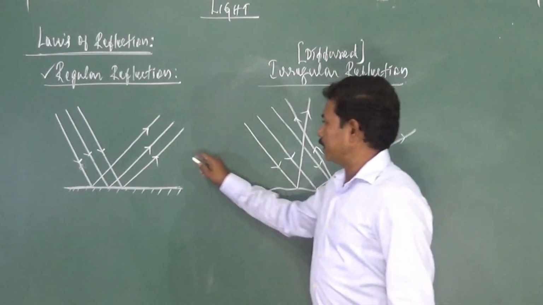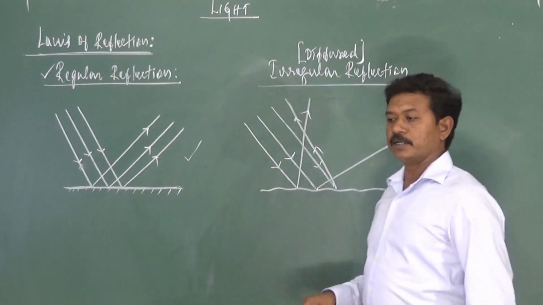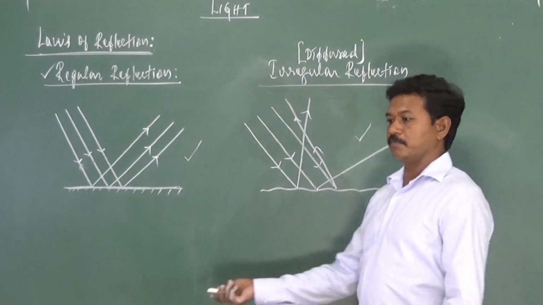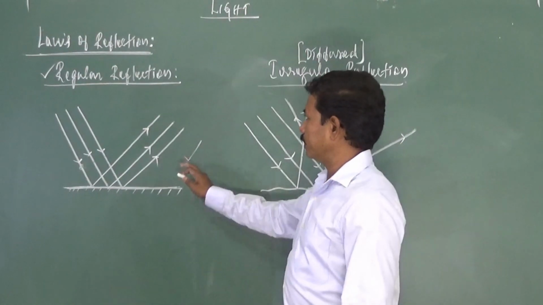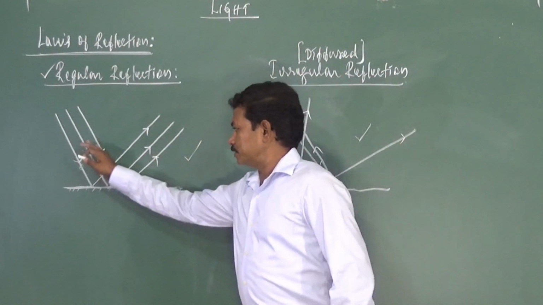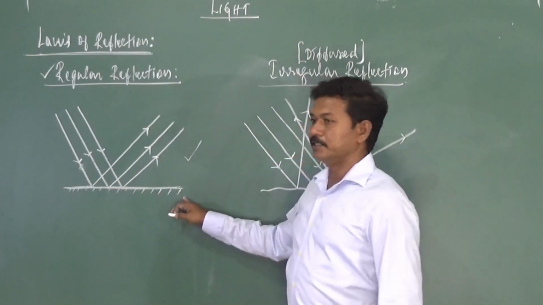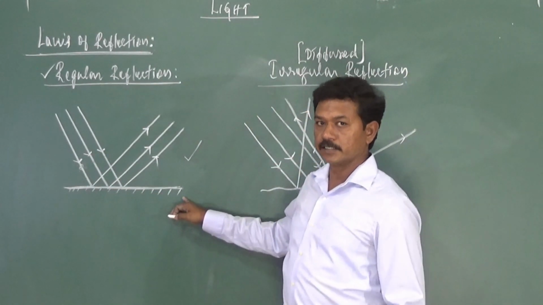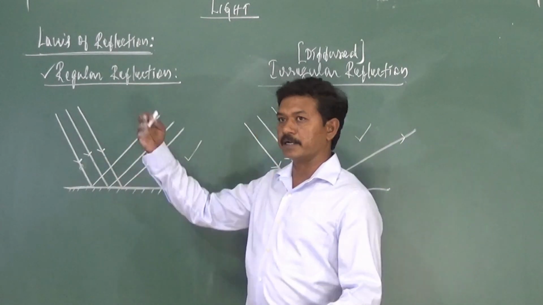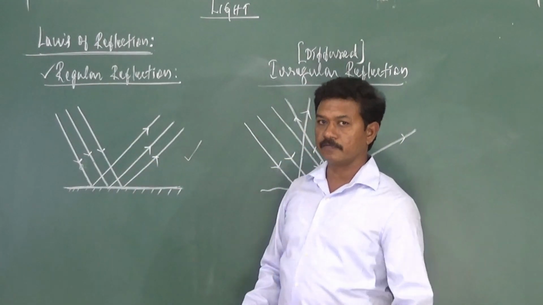We have some advantages for regular reflection, and we have some other advantages for irregular reflection also. Both are important. So why is regular reflection important? If a beam of light rays falls on a smooth surface and gets reflected, and the reflected light rays are also parallel to each other, then it is called regular reflection.